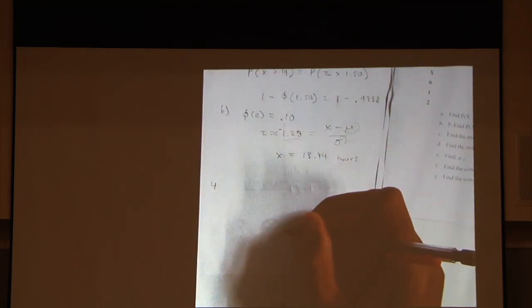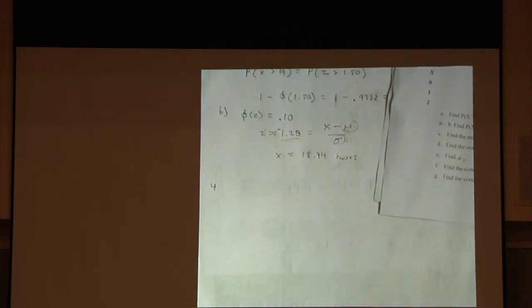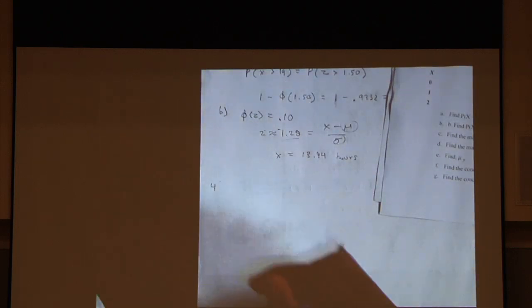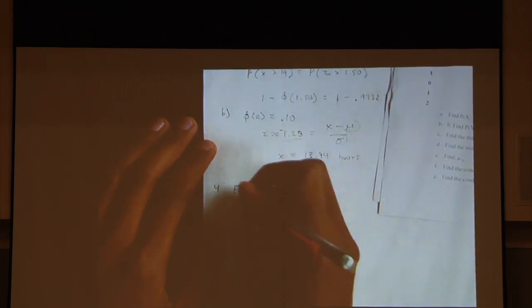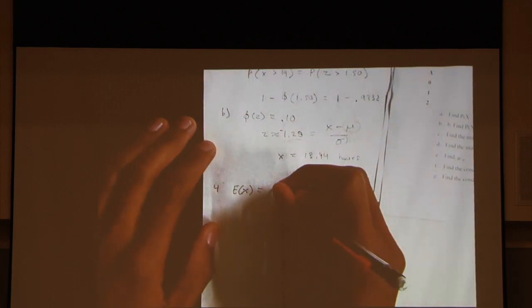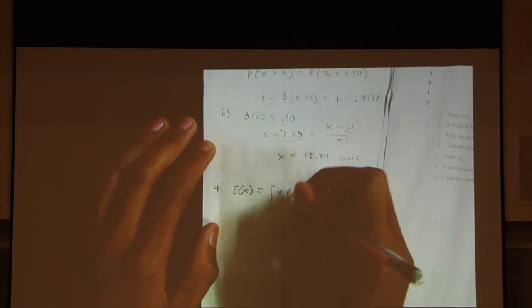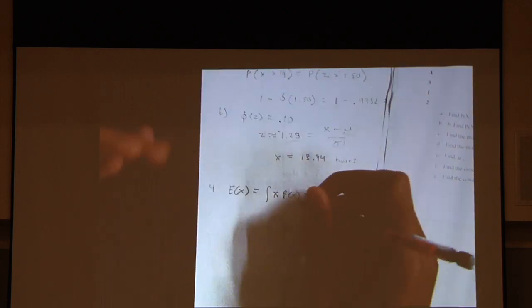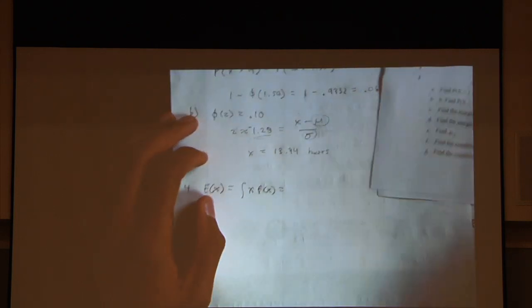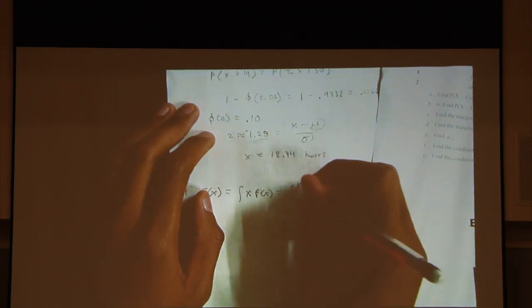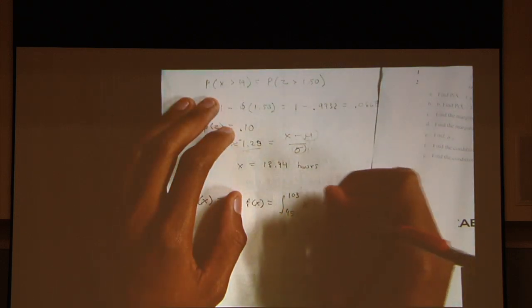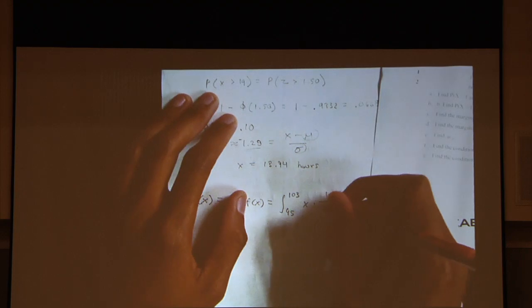So for 4, to find the mean, you can do the integral from 95 to 103 of x times your uniformly distributed function.